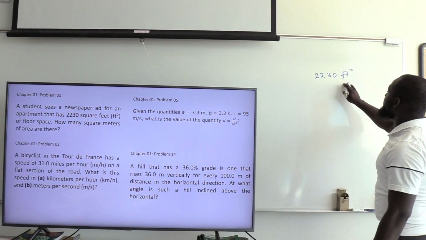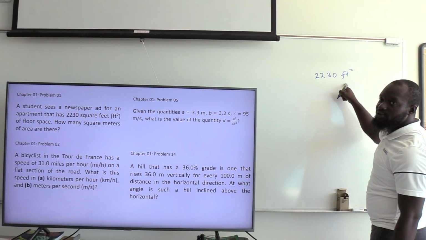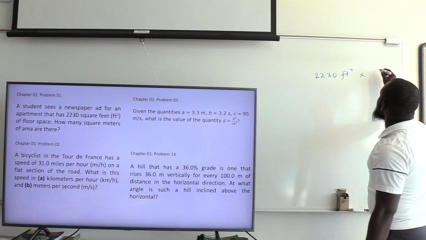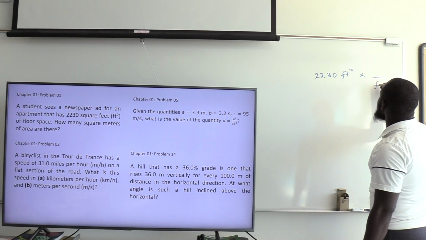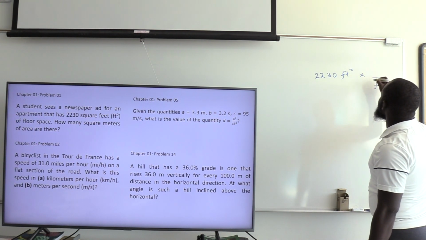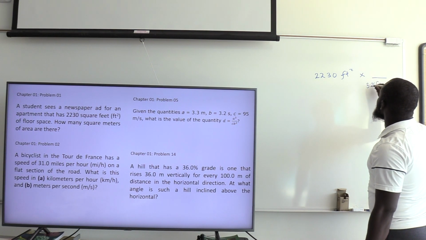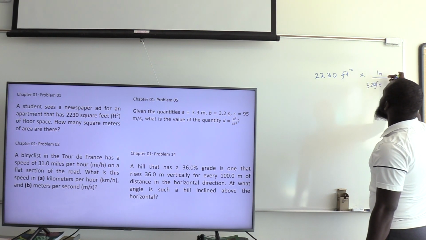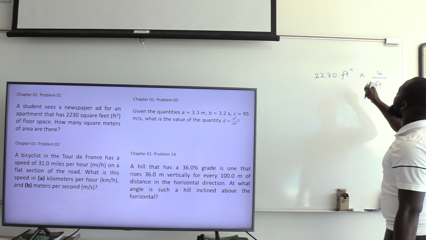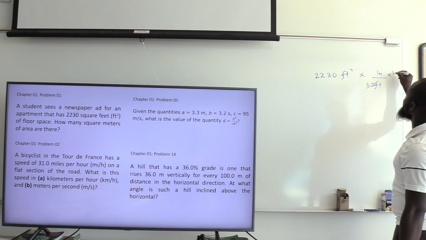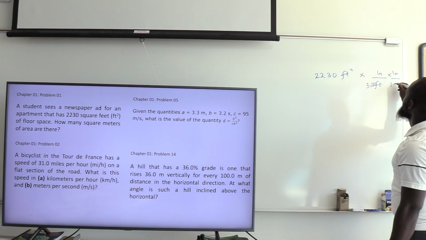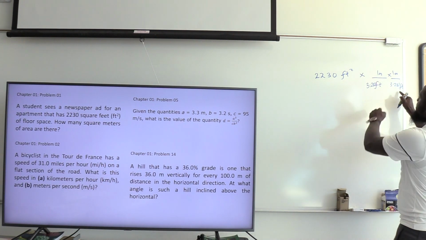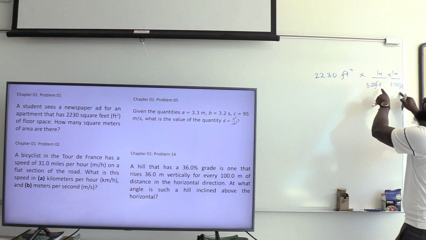So here you want to convert feet squared to meters squared. So 3.281 feet is 1 meter. We cancel one of the feet, but we want feet squared, so we'll do it again: 1 meter over 3.281 feet. So in the bottom I have feet times feet, which is feet squared.